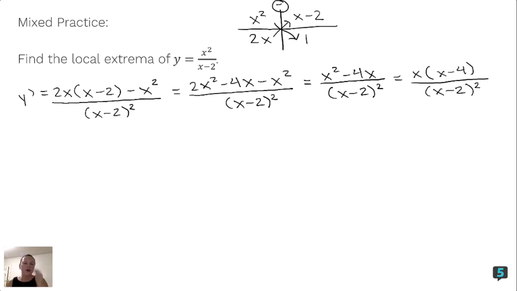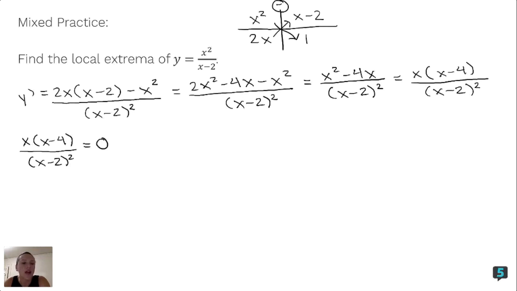Okay. Two things we have to do. We need to set the derivative equal to 0, and we need to find out when the derivative does not exist. Keep in mind that if I have a rational function, a fraction, and I'm going to set it equal to 0, what is it that I really care about equaling 0?